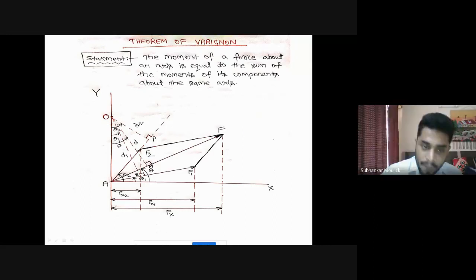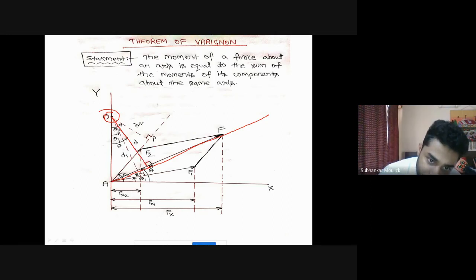Yes, sir. Okay, so how can I get it? This is your force F. This is your point O. From point O, drop a perpendicular on this force F. Now this distance will be that perpendicular distance, denoted by small d.